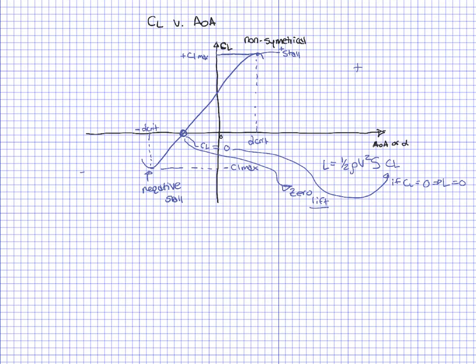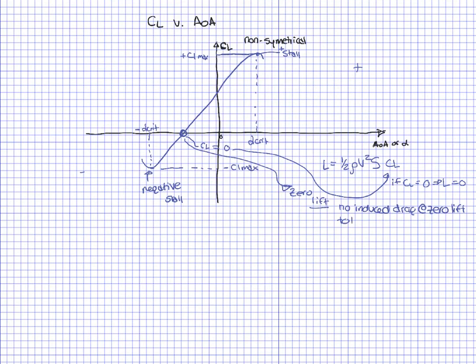So I am falling down, following a parabolic trajectory down. But I'm also producing less drag, because if I'm not producing lift, I'm not producing induced drag. So no induced drag at 0 lift.